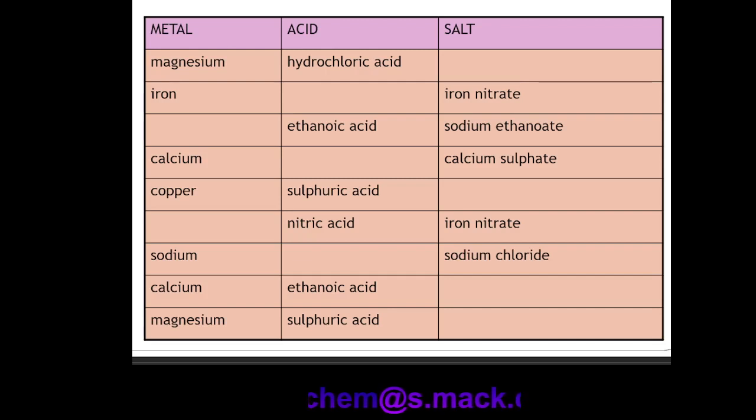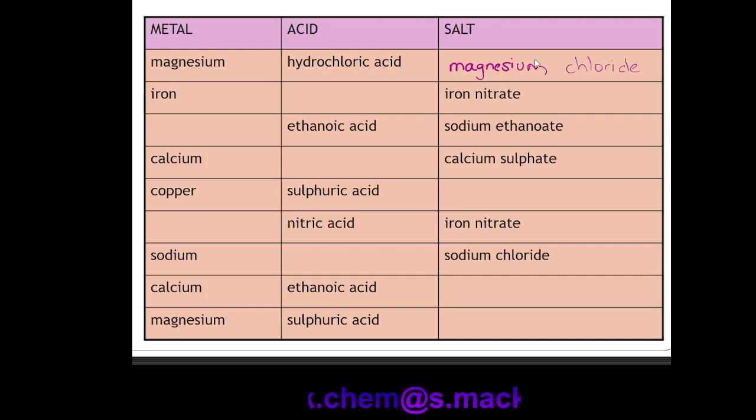I'm going to go through the answers now. If magnesium reacts with hydrochloric acid, the salt to be formed is a chloride. Right, so hydrochloric acid forms a chloride. And the first name of the salt comes from the metal. So the name of the salt will be magnesium chloride.